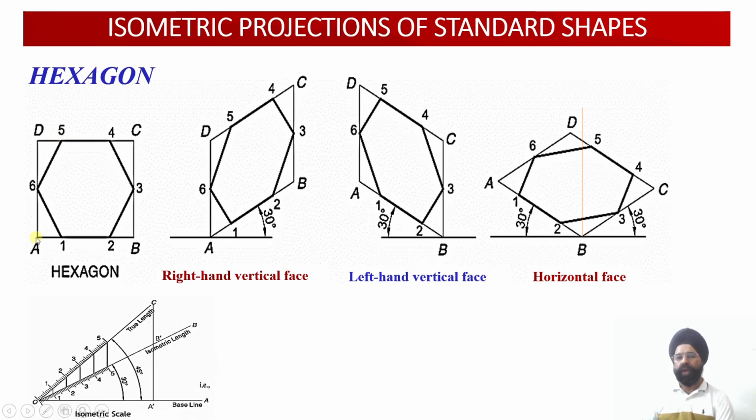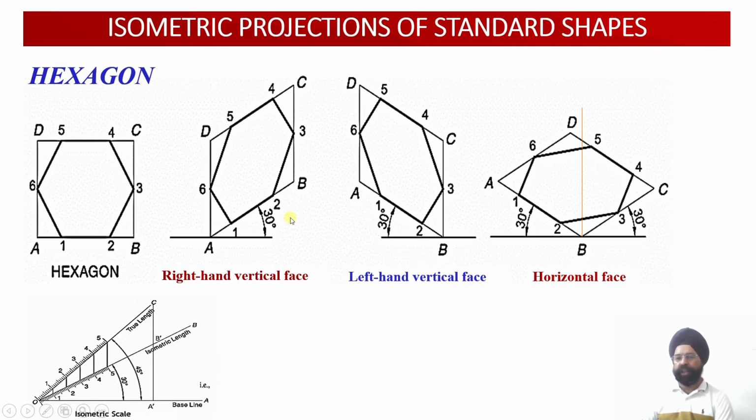So I'll be measuring only one distance here and I can mark 4 points onto this rectangle so that the 4 corners of the hexagon can be located. Similarly, I will be measuring this vertical length B3 and it will be equal to the vertical length A6 here. So only 2 lengths I need to measure and the construction of the hexagon will be completed.